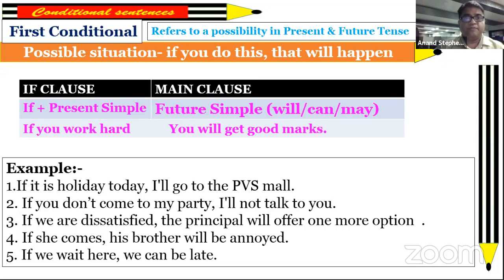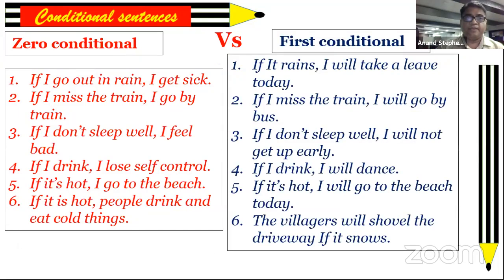Zero conditional में दोनों simple present, first conditional में एक simple present और एक future simple. Now see the difference between these two, zero conditional and first conditional. What is the difference? Okay, let's see.